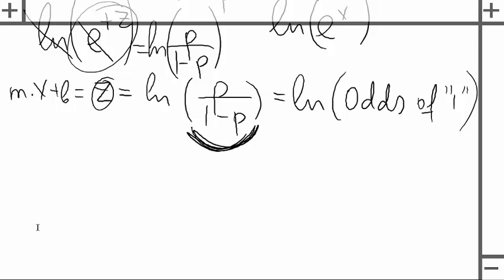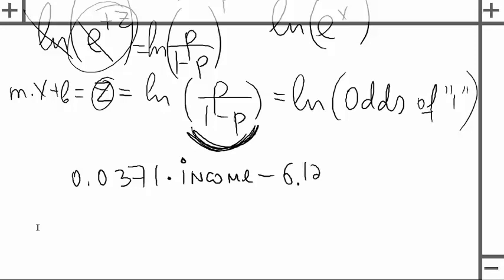My M was, what was M? 0.0371 times, what's my X? X is my predictor, which is income. Times income, and B was negative, minus 6.1273, is equal to the natural log of odds of 1.